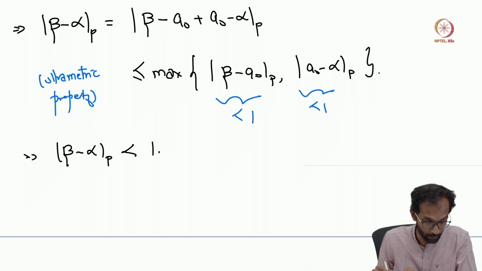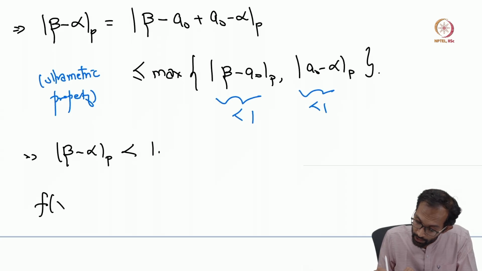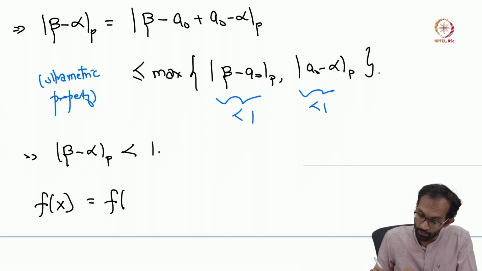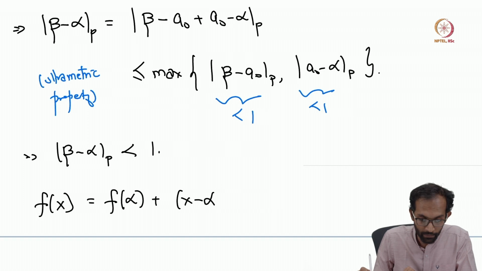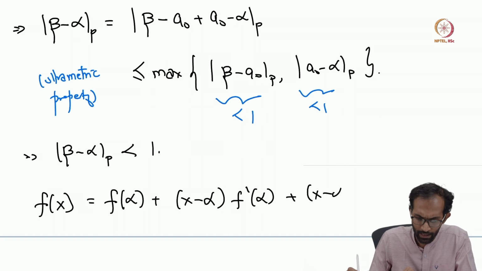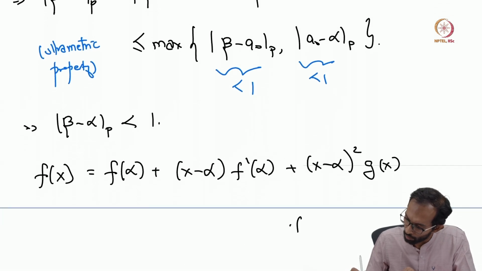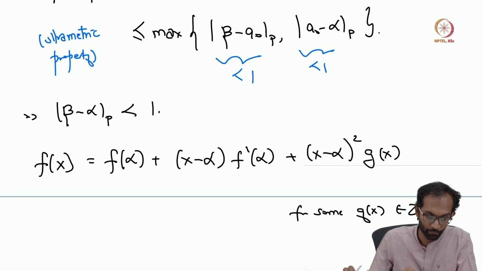Okay, so how do we use this? If you write down the expression for f of x centered at alpha, so f of x equals f of alpha plus x minus alpha times f prime of alpha plus x minus alpha squared times, say, some g of x, for some g of x, it's a polynomial in one variable over Z_p.